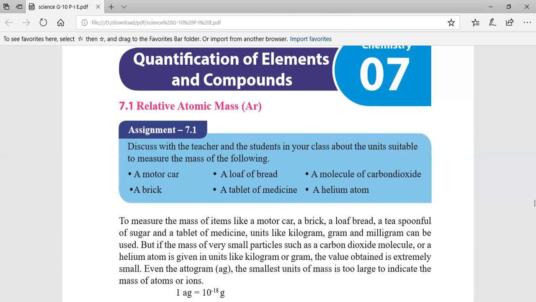A loaf of bread and a brick are large particles. A molecule of carbon dioxide and a helium atom are small particles, a smaller amount. We cannot measure them in kilograms, grams, or milligrams.